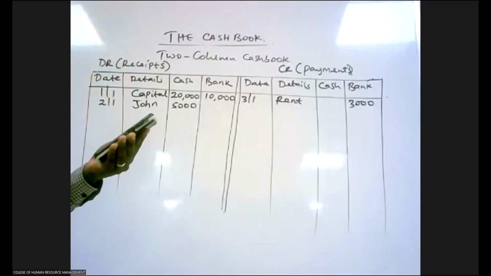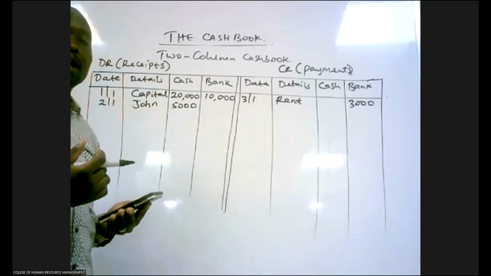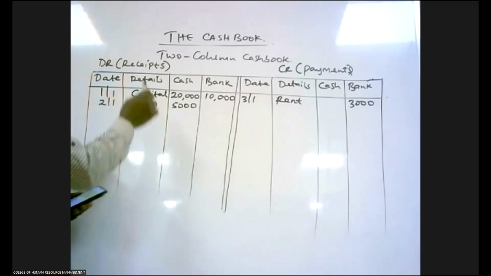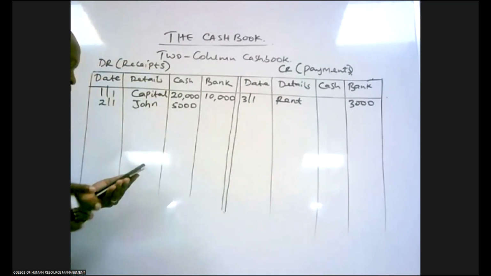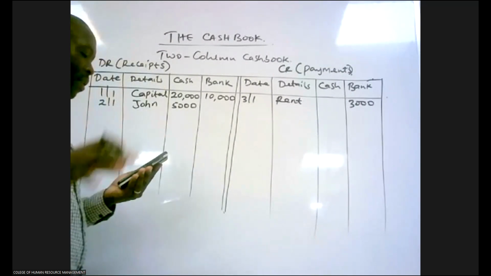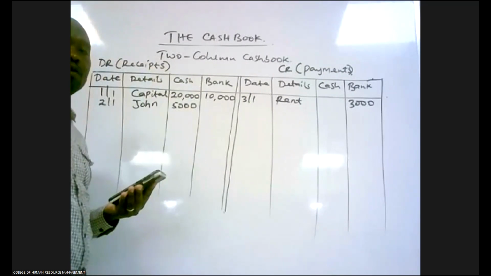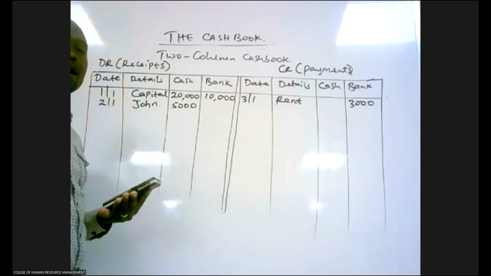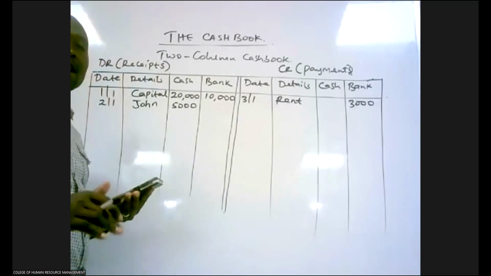On 4th, cash sales worth 1,000 was paid directly to the bank. Remember, when you sell, you receive money. When you sell, it is a receipt. In this case, we are told it was cash sales, but that money was directly deposited to the bank. That simply means that money was never deposited in the cash box.